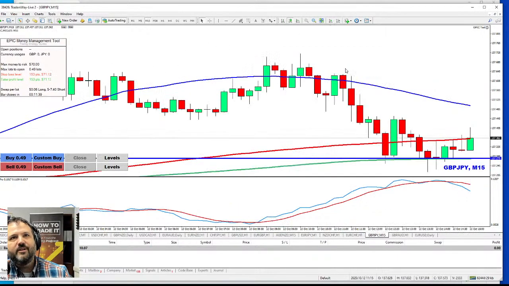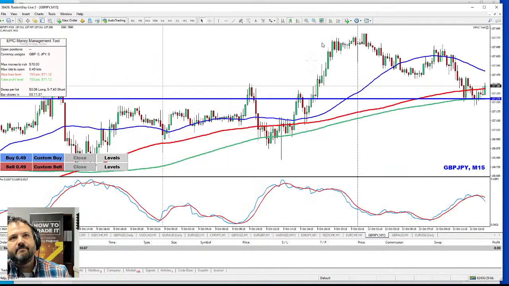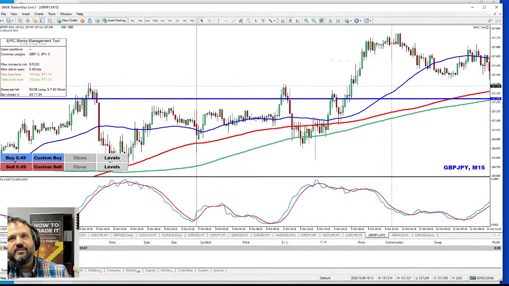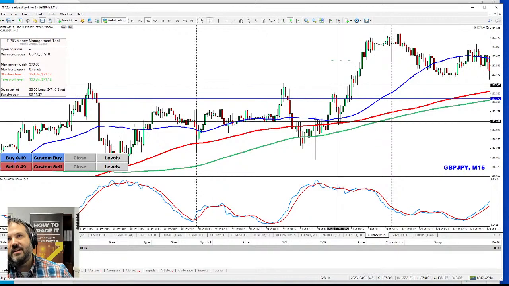When we go back and look at it, I took the entry right here. It was really nice because it went right back into the moving average. My timing wasn't perfect, but this little level here held my stop loss, and it ended up being a really nice winning trade. So that was good.